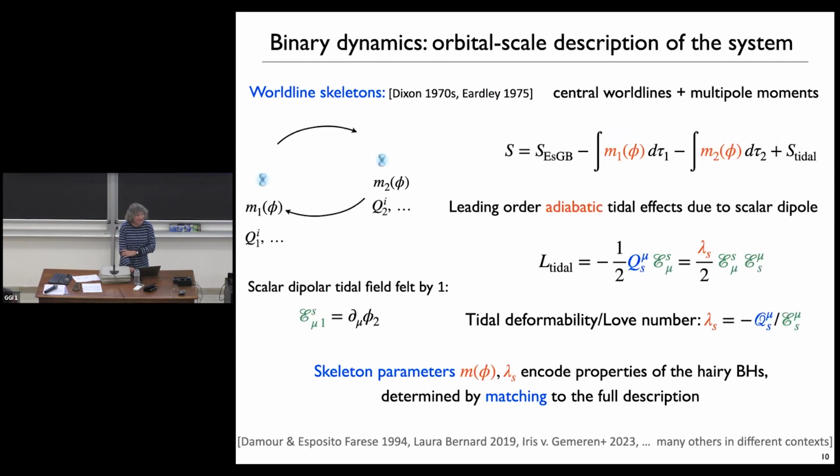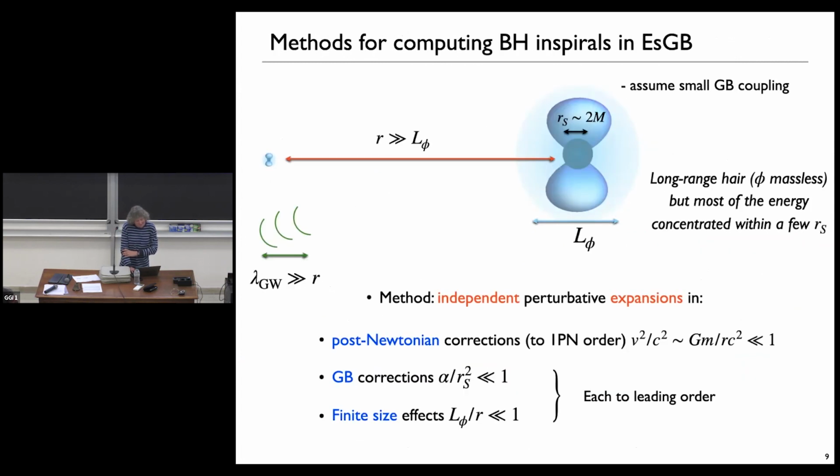Yes, that's true. Is alpha fixed, or is it a phenomenological parameter that you check? Yes, alpha is a parameter to be constrained by observations.